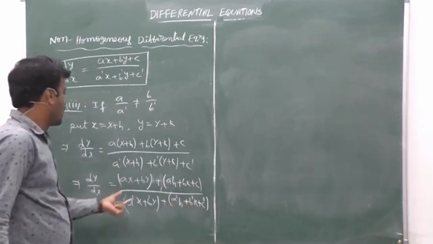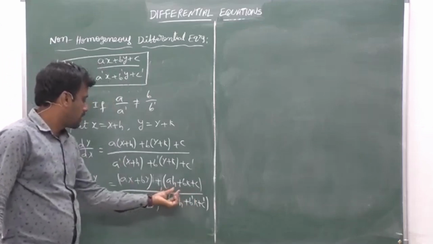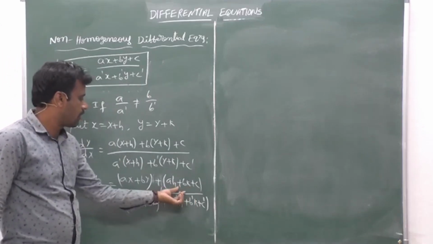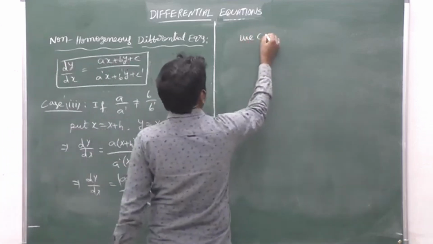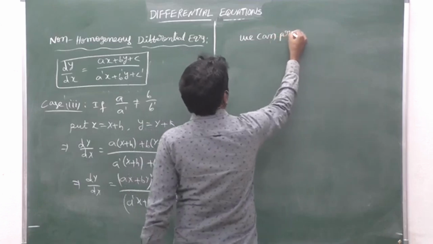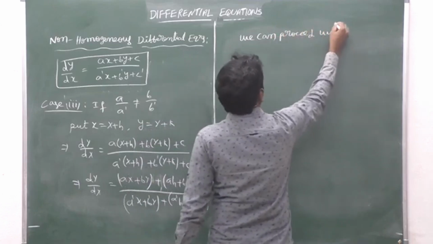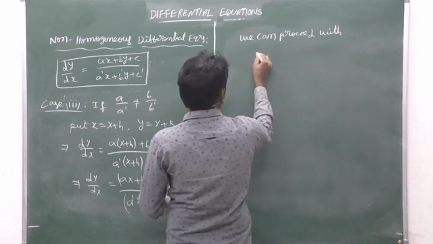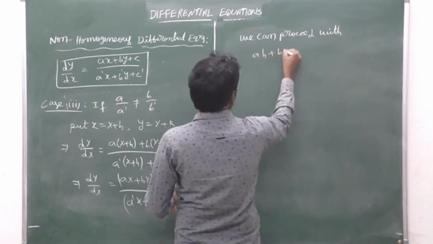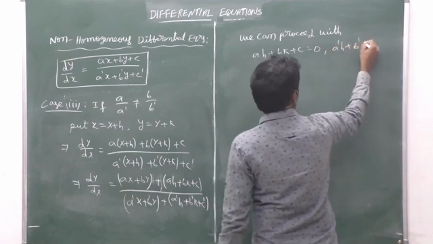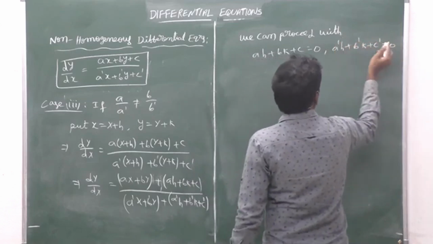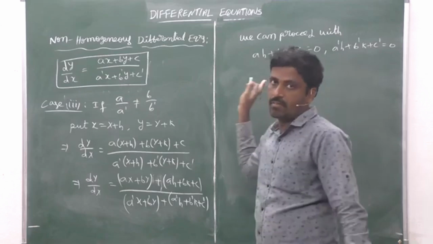Okay, this constant term, therefore, if constant is equal to 0, we can proceed with ah plus bk plus c equal to 0, next a dash h plus b dash k plus c dash equal to 0. Solve these two equations, we get h comma k.